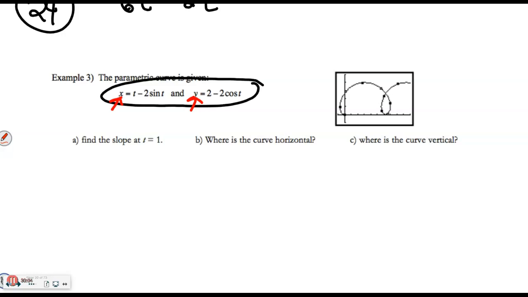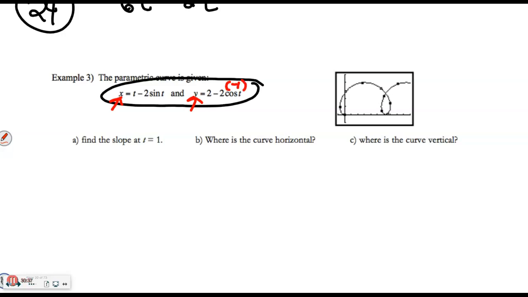What is the most sine can be? 1. Okay, so the most sine can be is 1. For 2 minus 2 cosine t, the least it's going to be is 0. The most would be 4. So I'd say your y goes from 0 to 4. You can even see up here, it doesn't get past 4. Does that make sense?